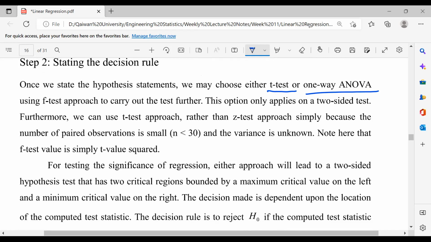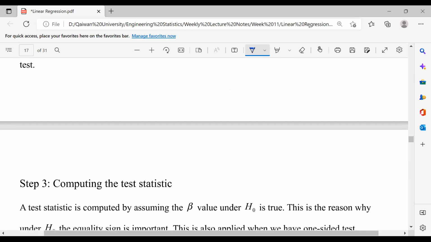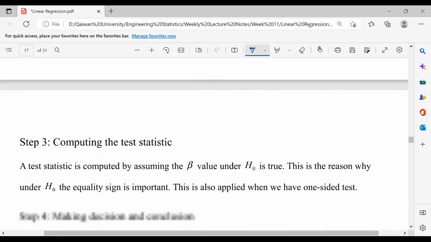Here it's written that since n is always less than 30, that's why we use t-test. And here we also have one-way ANOVA. In one-way ANOVA, we use f-tests. In the second step, we just find that test statistic, that's either the t-test or f-test.